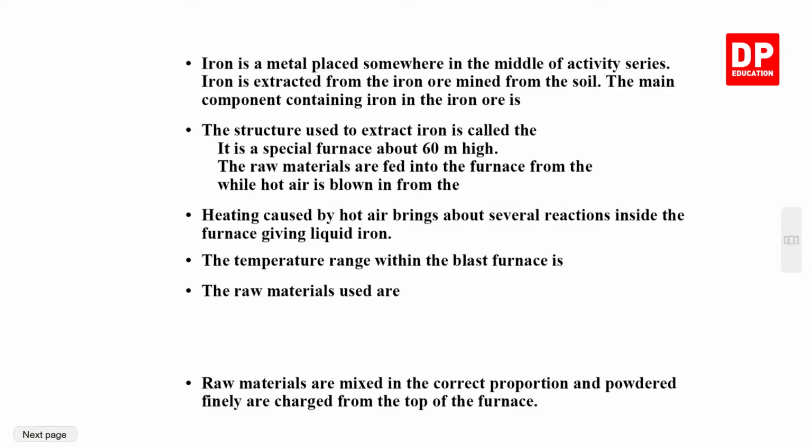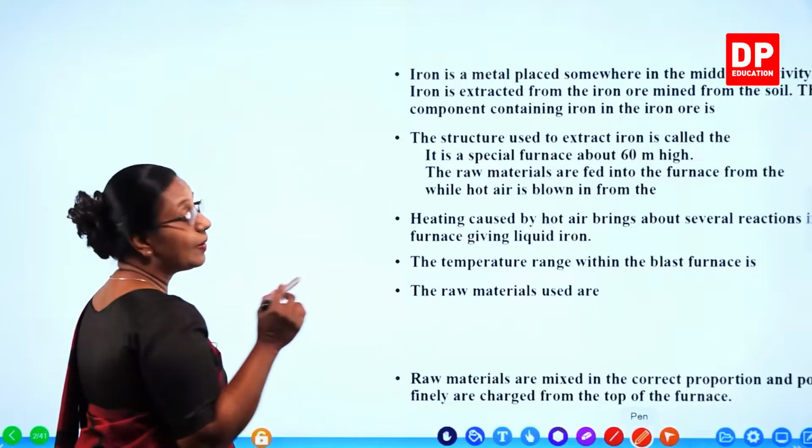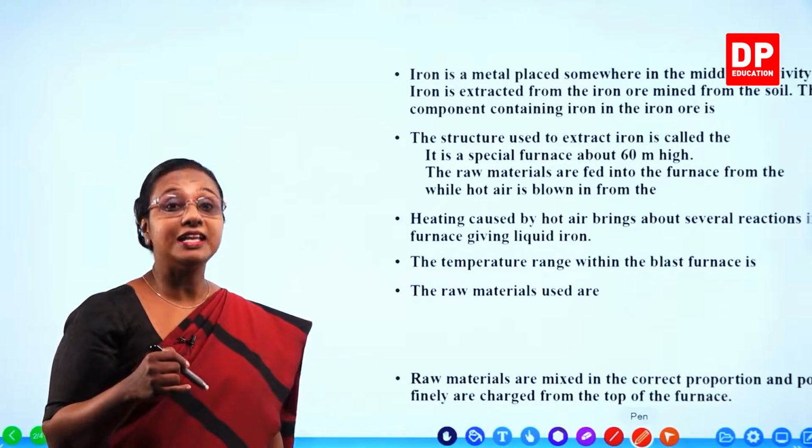So to understand the process of extraction of iron, first we will recall the activity series, students. You all can remember the order. I told you all have to know the activity series. So what are the elements that are highly reactive?